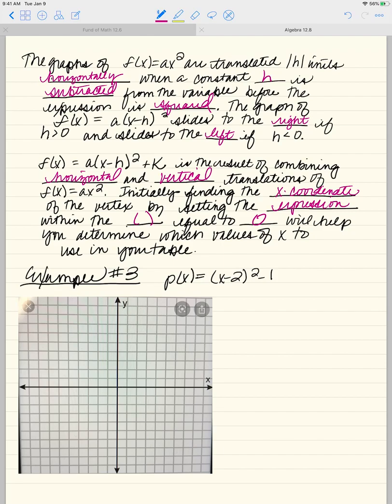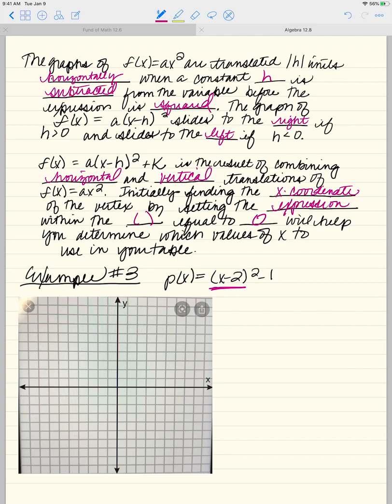When we are solving these expressions that are in the form of a times x minus h squared or a times x minus h squared plus or minus k, we want to set this expression that has an x, this expression right here, and figure out what value of x makes that x minus h in the parentheses 0.